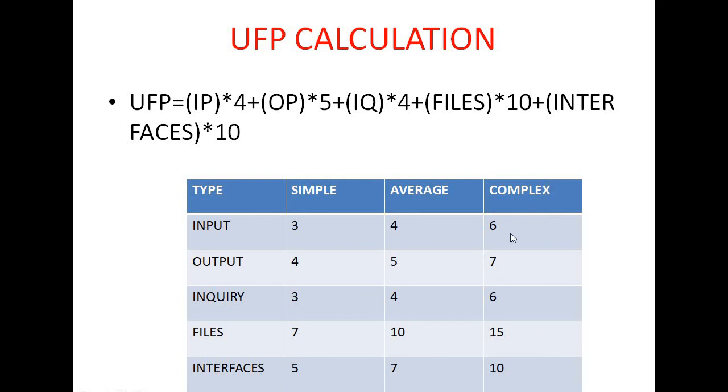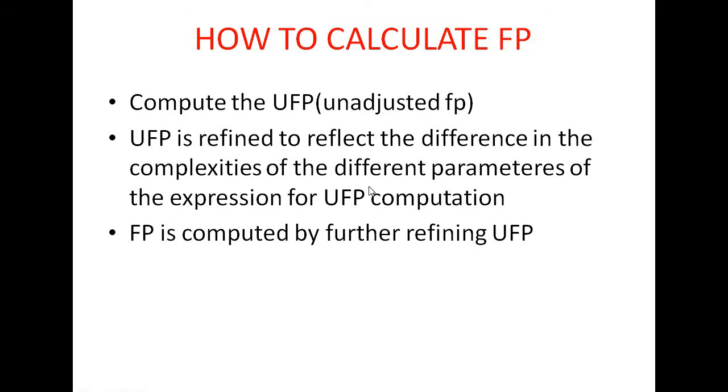And for complex project, number of input is 6, number of output is 7, number of enquiry is 6, number of files is 15, number of interfaces is 10. Okay, these are the different values for input, output, enquiries, files and interfaces for simple, average and complex type projects. This is the meaning of the second point.